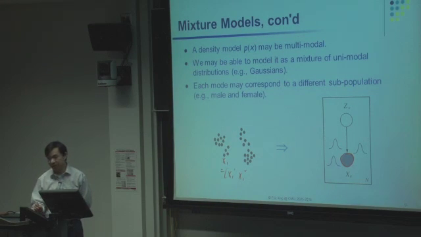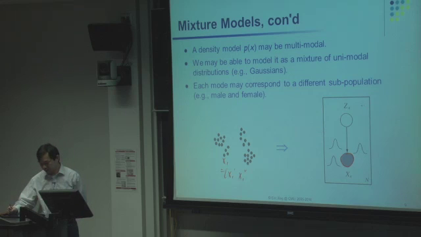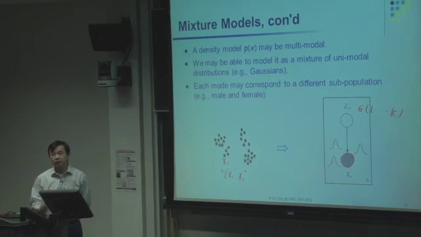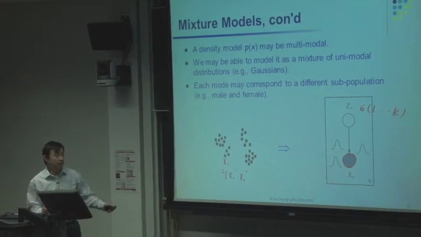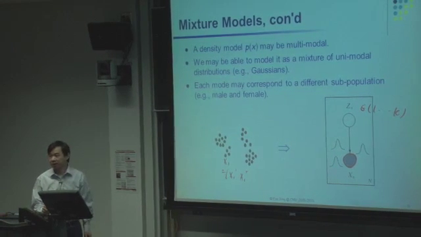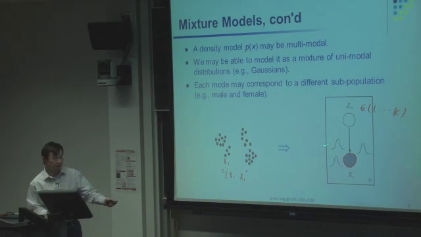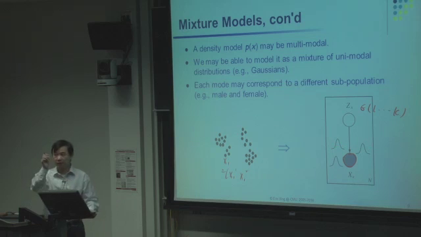Okay, it's a discrete label. It can be anywhere from 1 to k, suppose we know the number of k's. And then given any data point, you can probably imagine they can belong to different types of modality, or what we call mixture components in a mixture model, which is indicated in all these little bell functions.